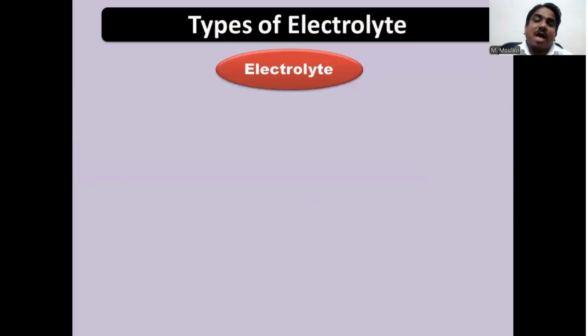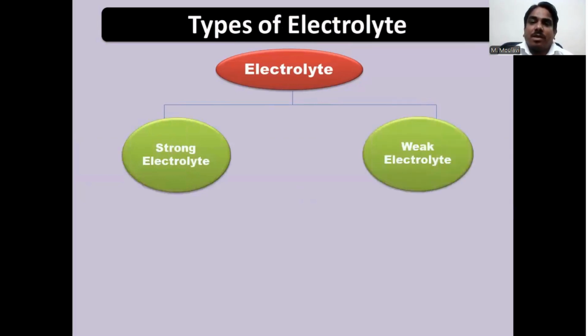Based on the Arrhenius theory of dissociation, there are two types of electrolyte: strong electrolyte and weak electrolyte. We will look at the difference between them.